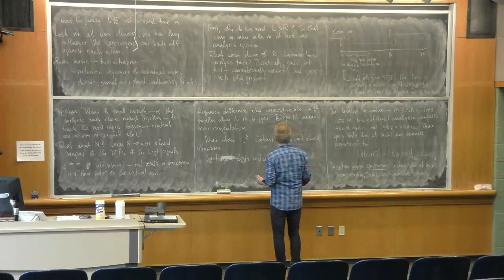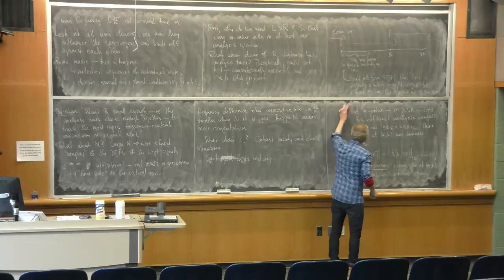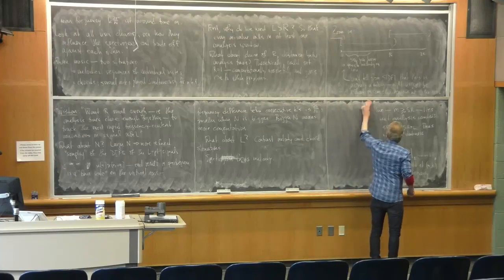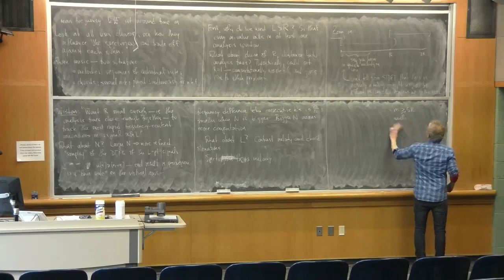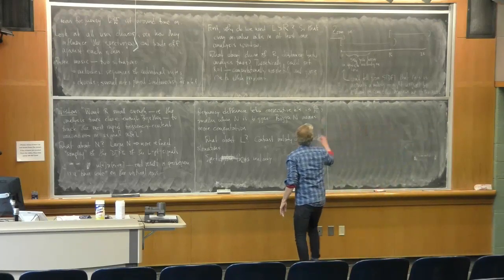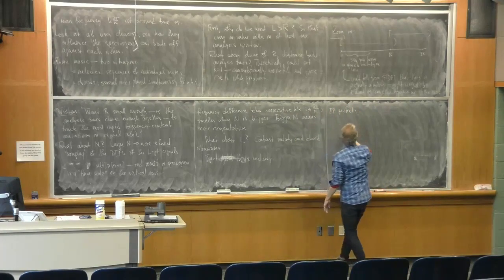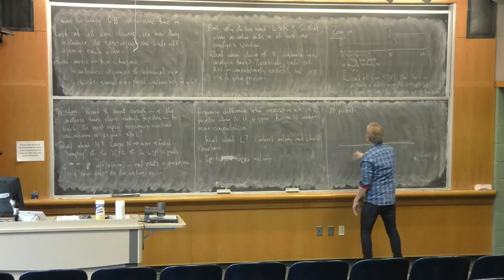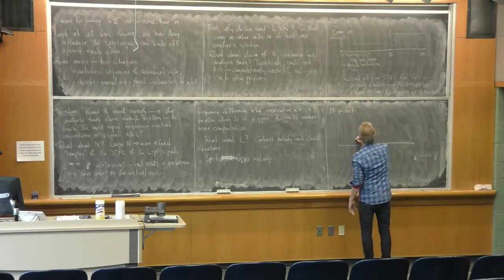Spectrogram from a melody is going to look something like this. If it were perfect, so here's your m axis and here's your k axis, and say the melody takes place out here, so you're going to have something like this.